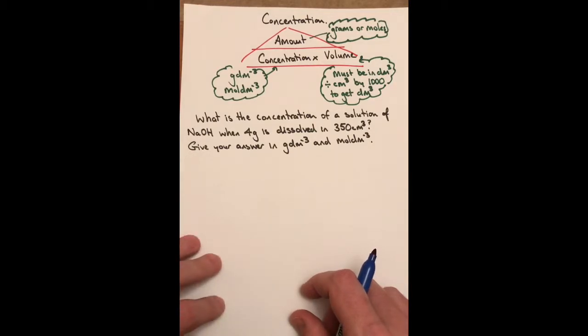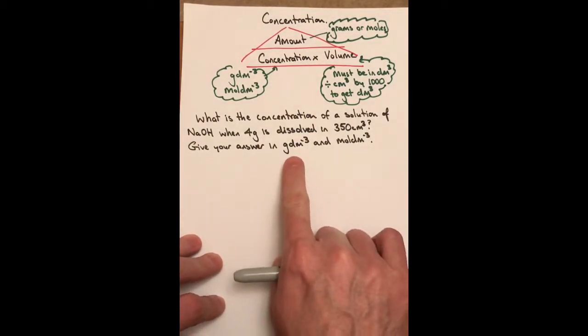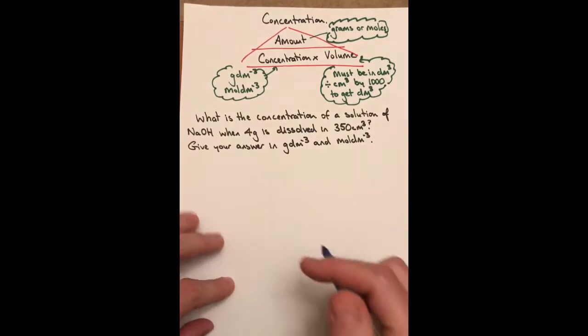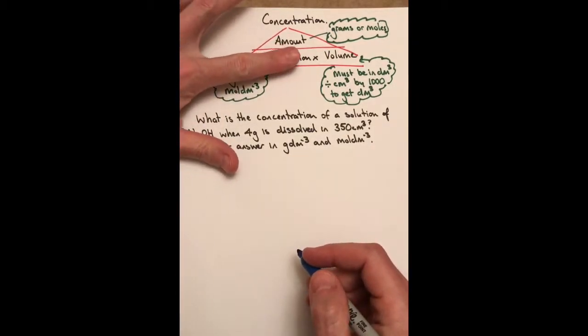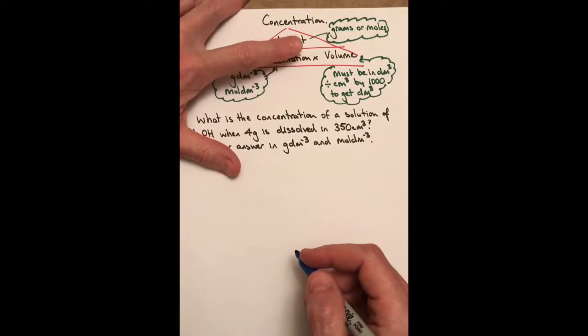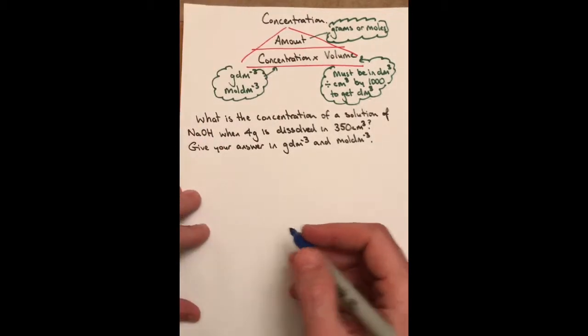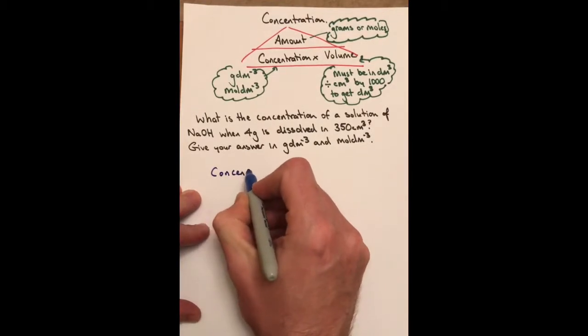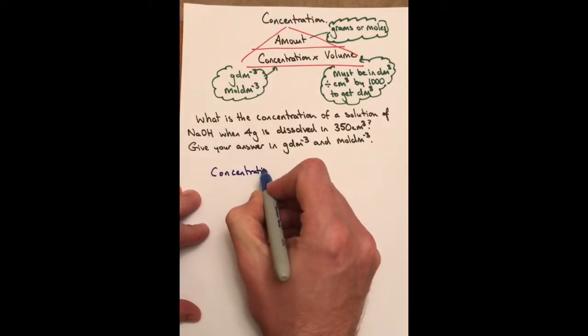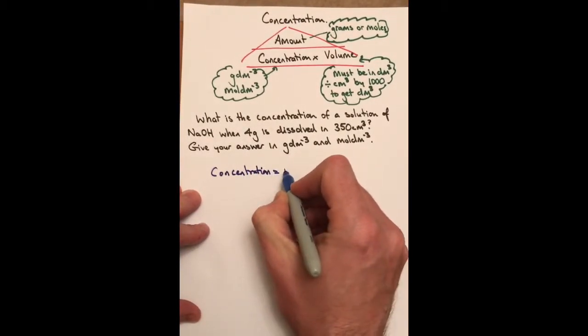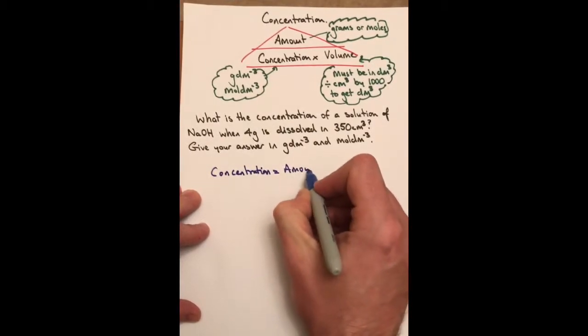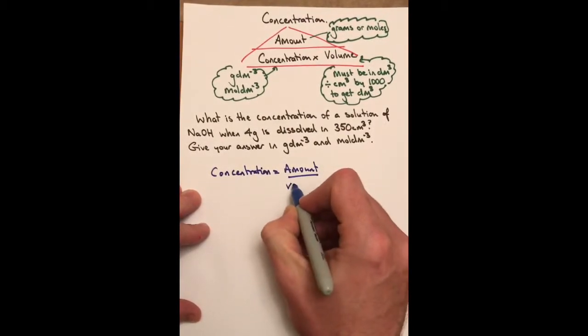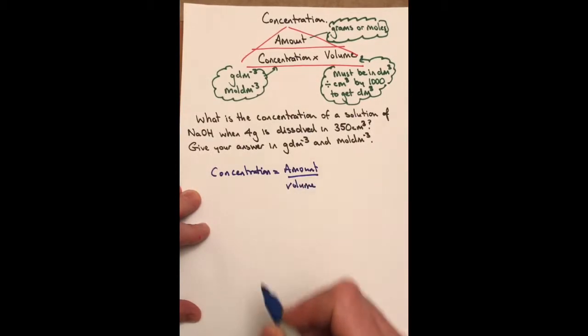So let's start by working the concentration out in grams per decimeter cubed. Because the question is saying find concentration, I'm going to cover this over, and concentration is the amount divided by volume. So on my sheet here, I am going to write that the concentration equals amount divided by volume.